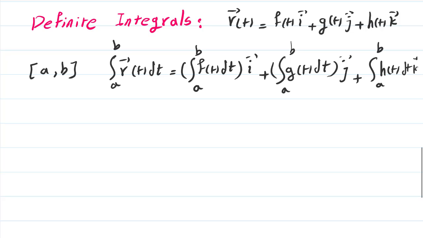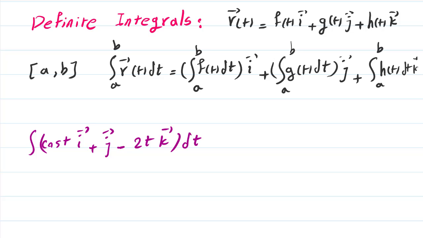At the previous example, as you see, integral of cosine of t i plus j minus 2 times t k with respect to the t from 0 to pi.